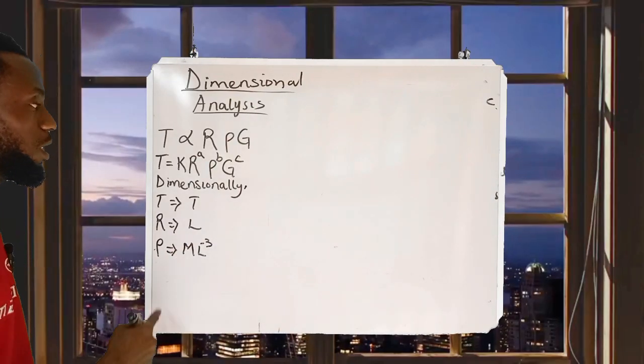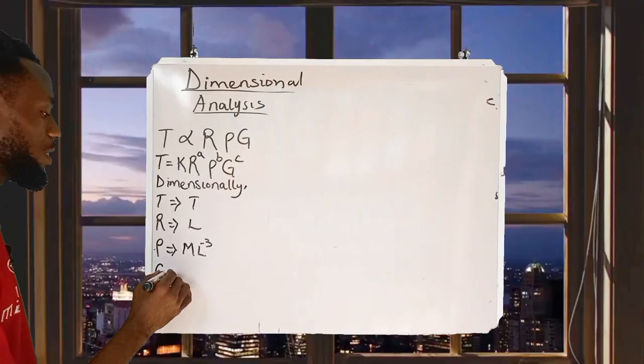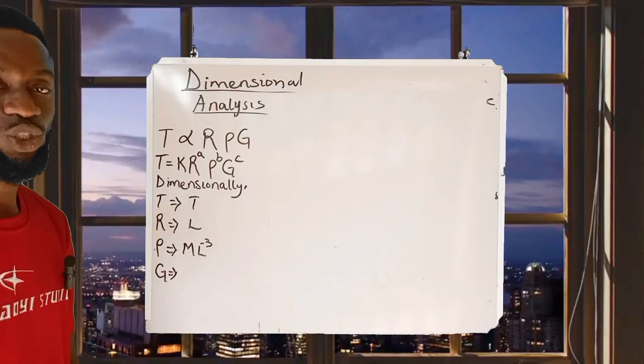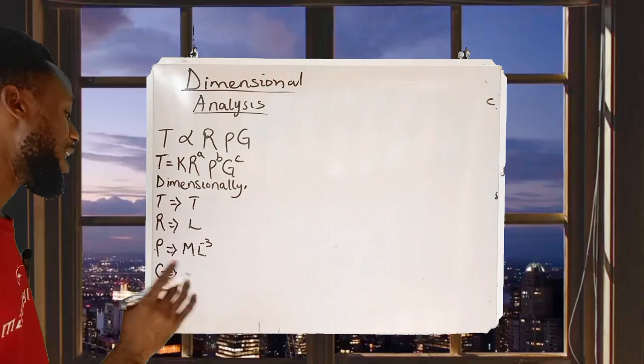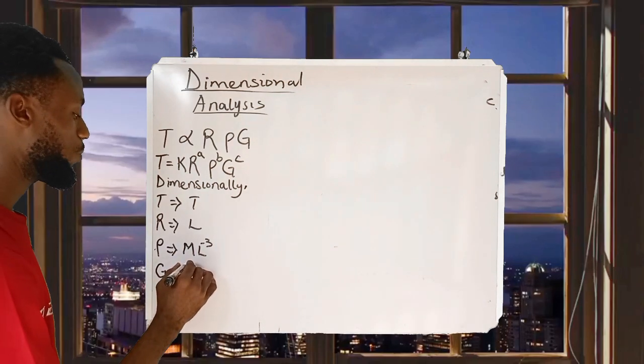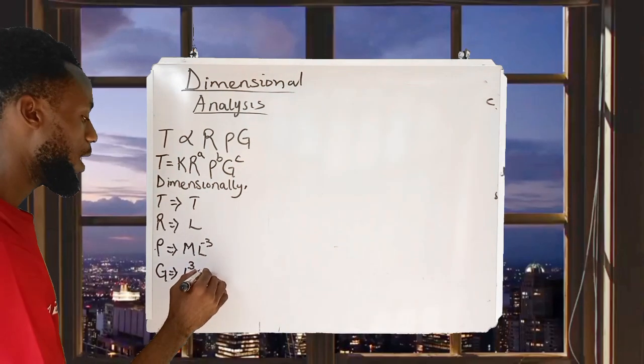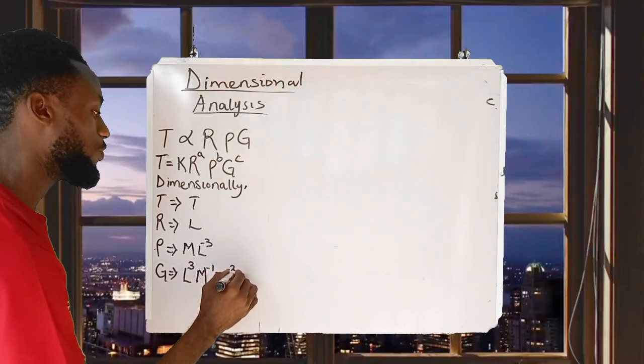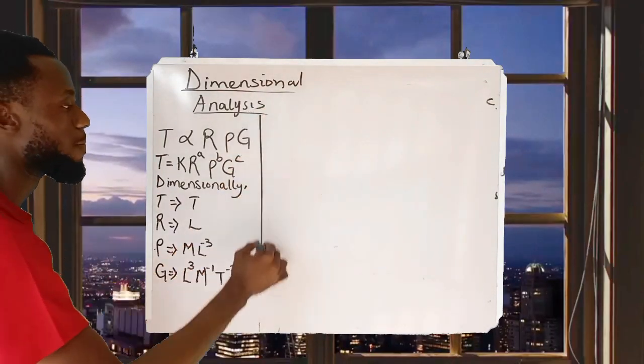And lastly, the gravitation constant. If you don't know it, you have to go learn it from the previous video we just did. So gravitation constant has been confirmed to be L raised to the power of 3, M raised to the power of minus 1, and T raised to the power of minus 2.